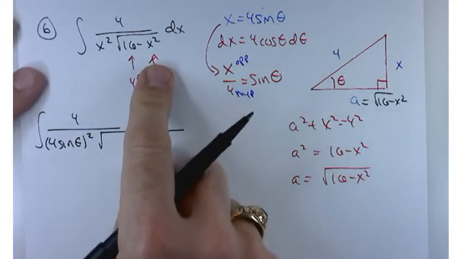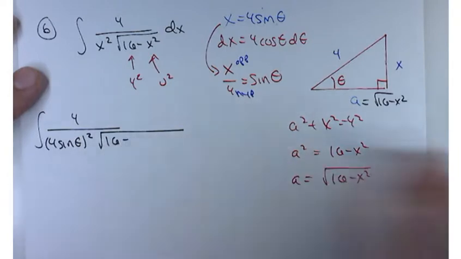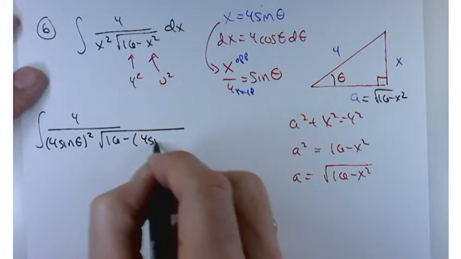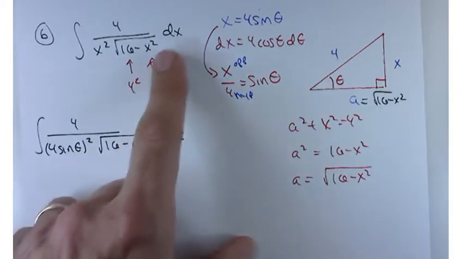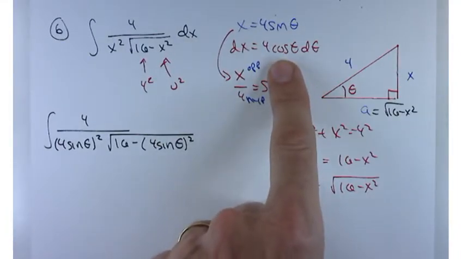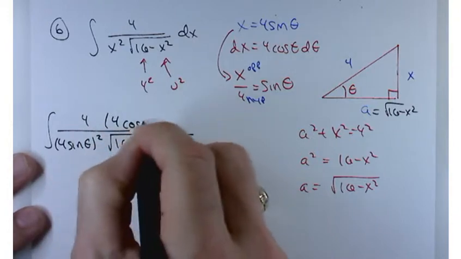Let's see, what else? This is going to be 16 minus 4 sine of theta squared. And last but not least, dx gets replaced by 4 cosine of theta d theta. So 4 cosine of theta d theta.